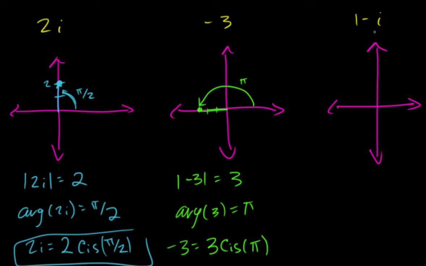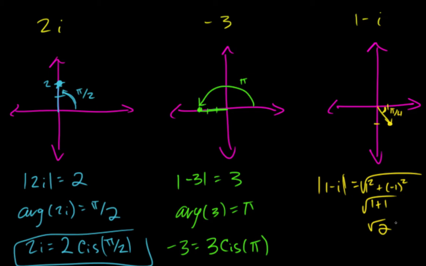All right, the last one, we're going to go 1, negative 1, like that. And that's a 45-degree angle, or pi fourths. And so the modulus is going to be the square root of 1 squared plus negative 1 squared, which is 1 plus 1, so the square root of 2 is the modulus.